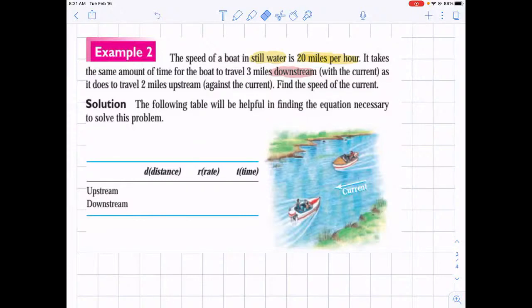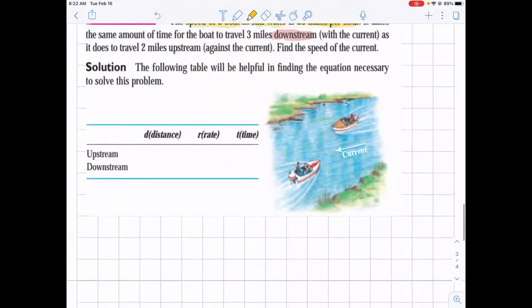So they said, find the speed of the current. Now, you will read this a few times. Please make sure you read this a few times. The first thing here that I would say is that the speed of the boat is known.